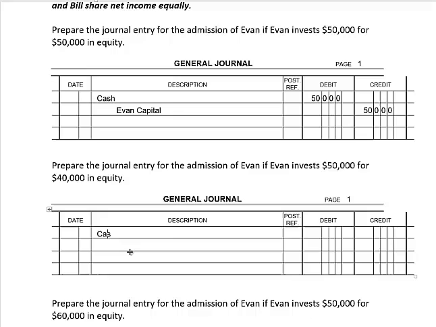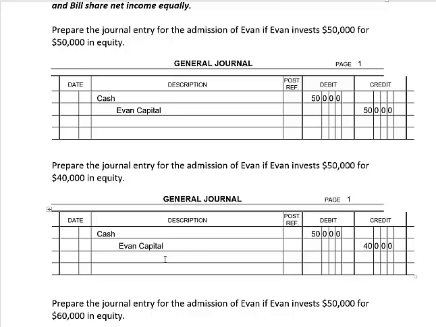Okay, so the first thing we're going to do is record the cash that went into the partnership. And then we're going to give Evan his capital of $40,000.